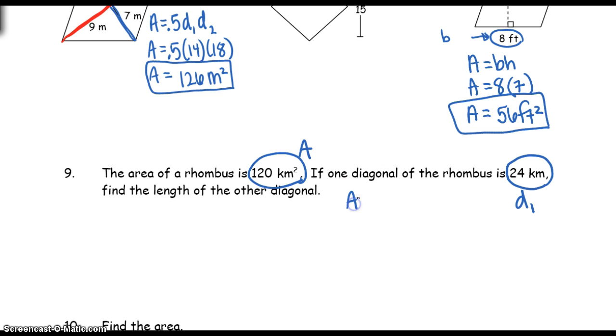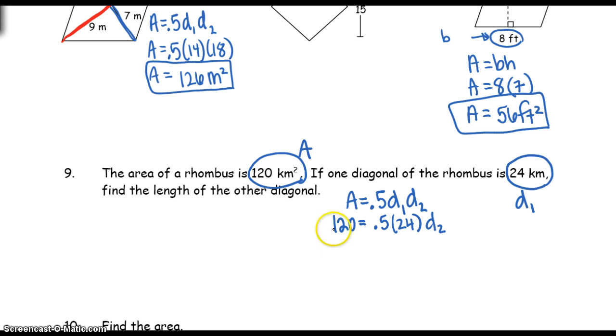Okay, so our area equals half times diagonal 1 times diagonal 2. Well, we know our area. They told us it's 120. So 120 equals half times diagonal 1, which they've also told us is 24. So times 24, and we don't know diagonal 2. That's what we're trying to find.